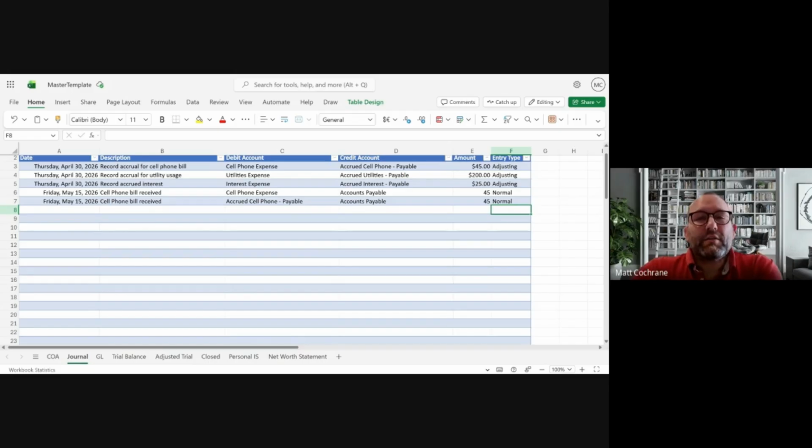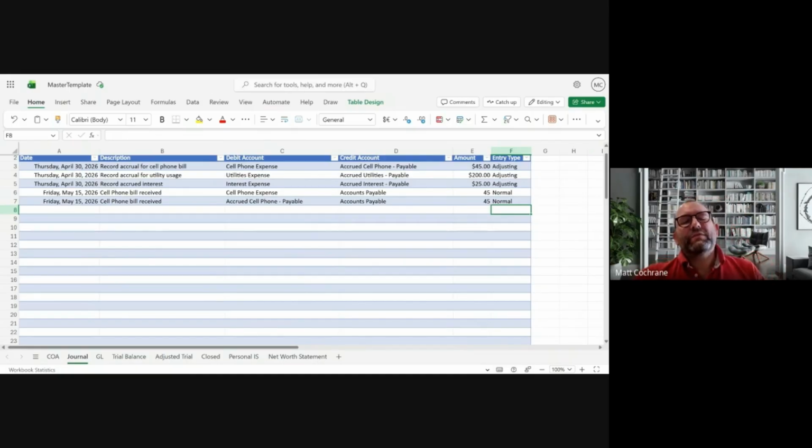All right, so next we deal with the utility bill. It arrives and the actual bill amount is $220, and we estimated that that portion was going to be $200. So step one is we have to adjust our estimate.